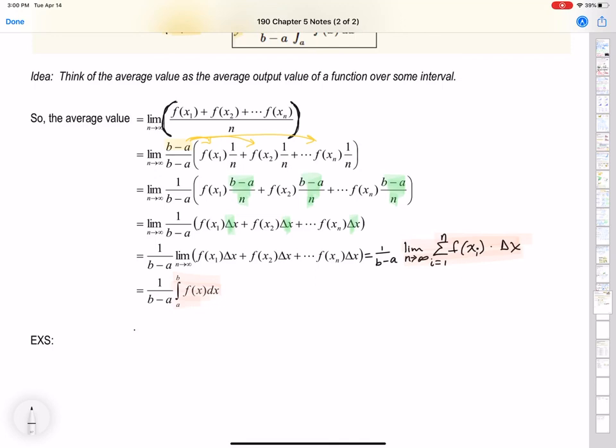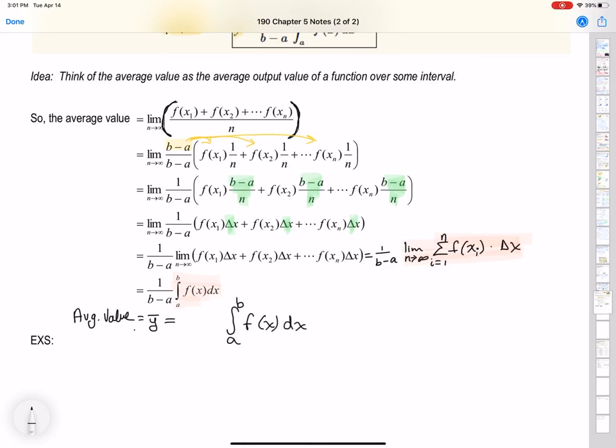So this whole thing, our average value here, is what we're denoting as that y bar up above. And think about this. Here's this infinite summing. That's what the definite integral is, you can think of it that way, from a to b of f of x dx.